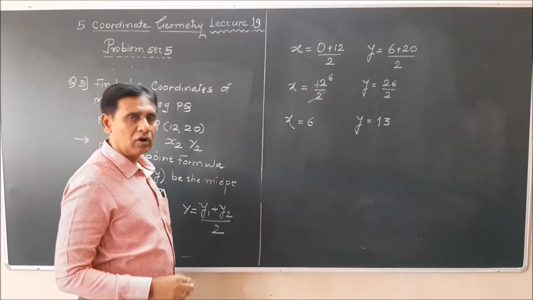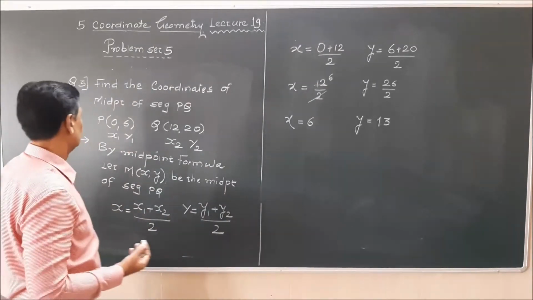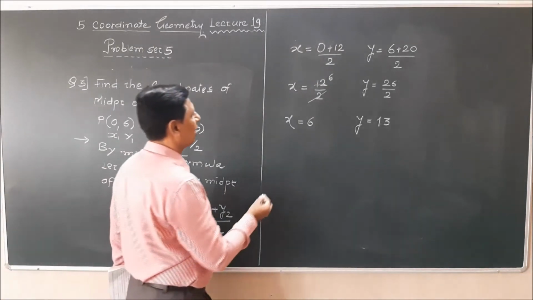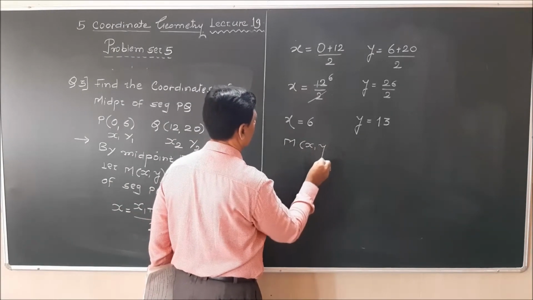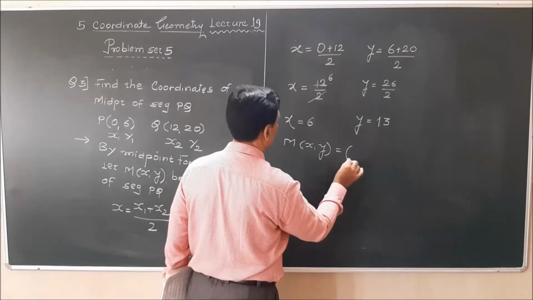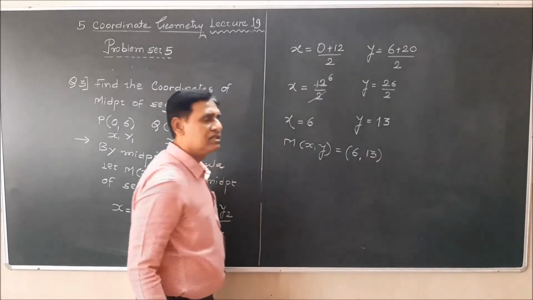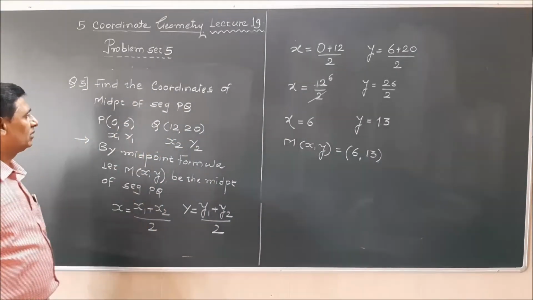So, the coordinates of the midpoint, and for the sake of convenience we have taken M as the midpoint. So M(x, y) is (6, 13). So these are the coordinates of the midpoint of the segment PQ.